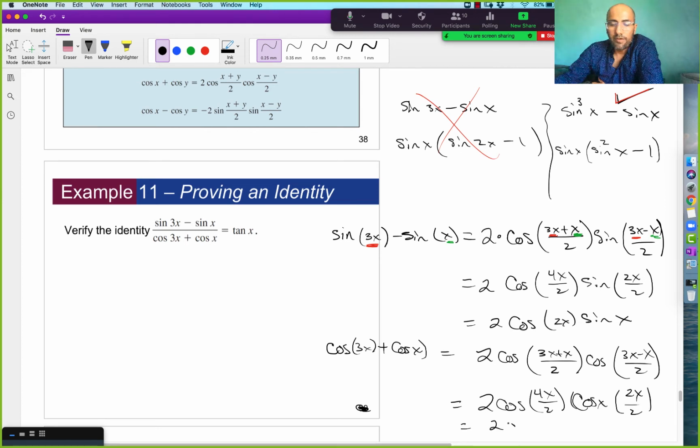So we end up with 2 cosine of 2x cosine of x. Good. So now we're ready to substitute it all into here, and we're ready for our proof.